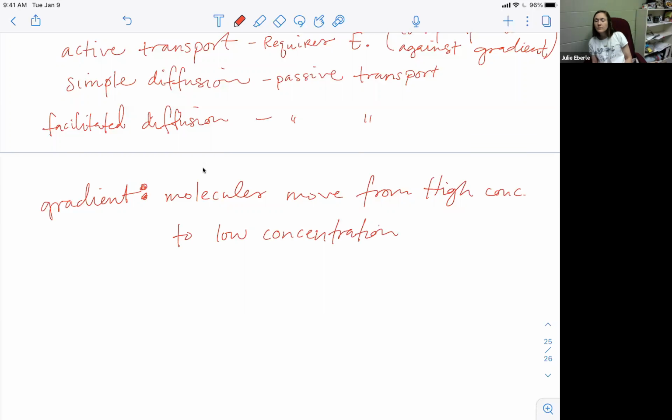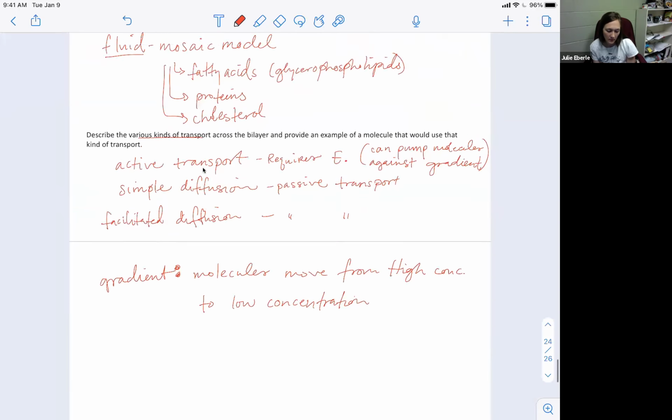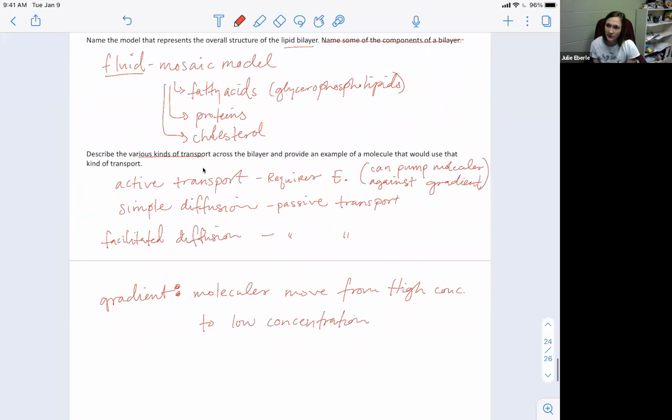Okay. From high concentration to low concentration. And passive transport requires no energy and molecules move according to the gradient. In active transport, molecules can be transported against the gradient to maintain the gradient. All right, that's chapter 23.